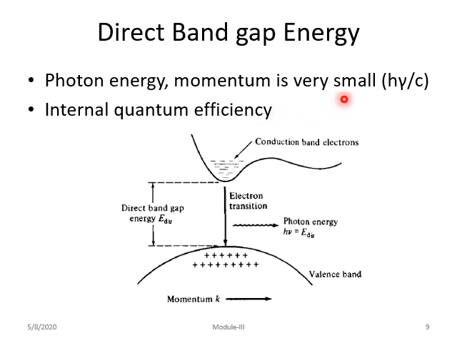The momentum is very small in terms of h nu by c. There are conduction band electrons and a valence band, and the transition of conduction band electrons into the hole region, or valence band, takes place. So there will be an electron transition in terms of photon energy, based on the direct band gap between the conduction and valence bands.